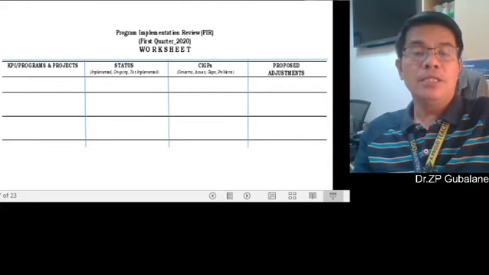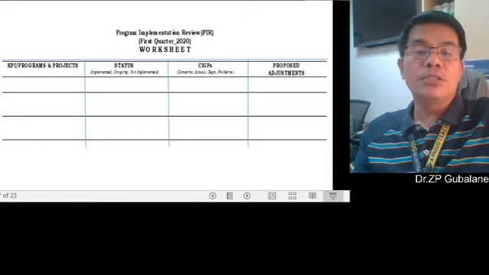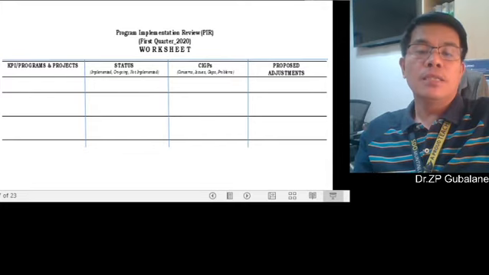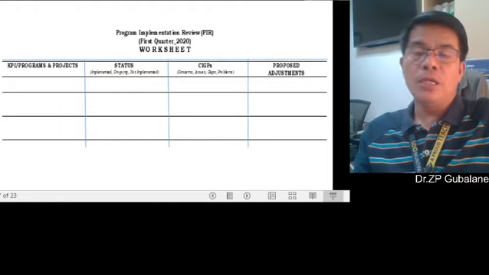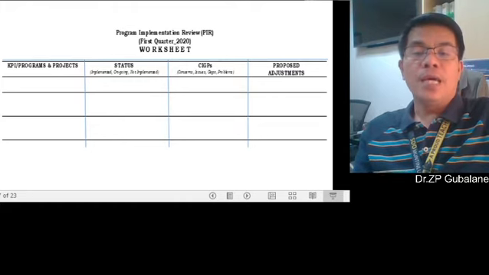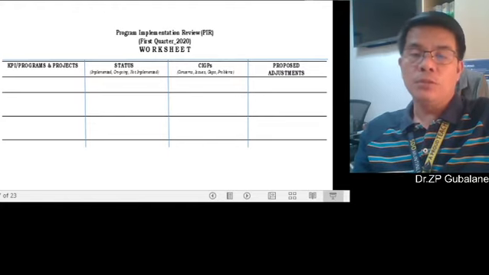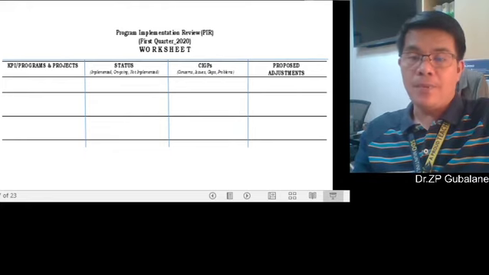And then the third column is the GIPCs. GIPCs refers to what? It refers to gaps, issues, concerns, problems that you as project owners are currently encountering. So those should be identified. And then eventually, the terminal output would be proposed adjustment.